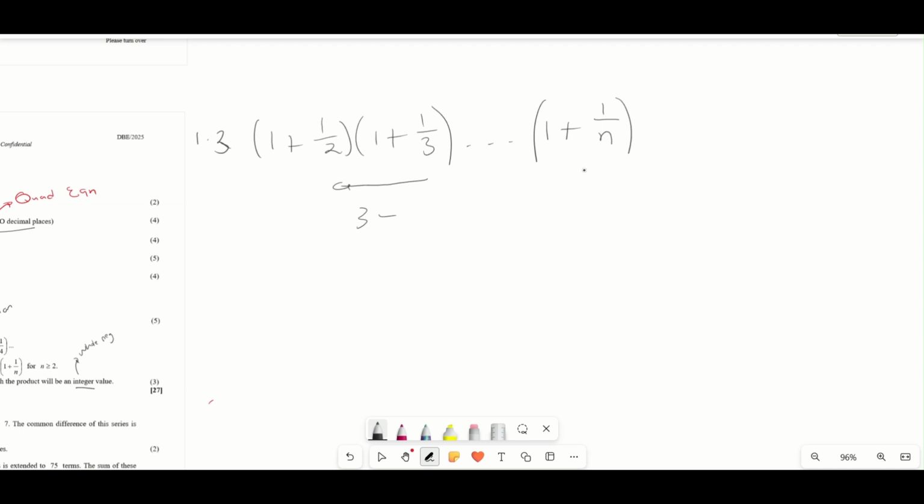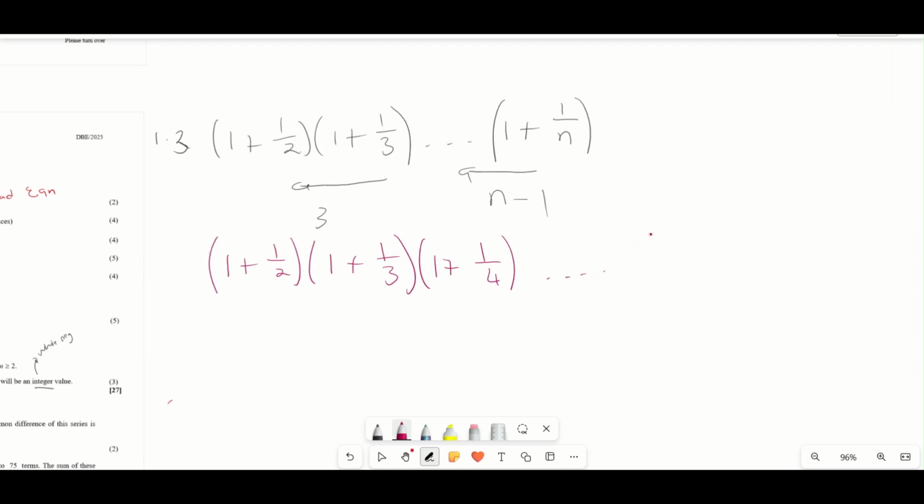So to go back from here, we will subtract n minus 1. Let me just rewrite this. I'll have 1 plus a half, then 1 plus 1 over 3, then 1 plus 1 over 4, and so on.